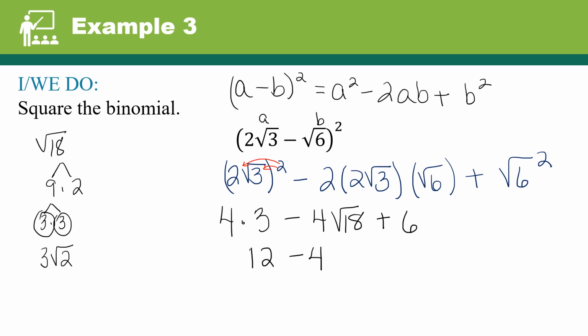Instead of the square root of 18, I am going to put 3 times the square root of 2, and then plus 6. 12 plus 6 is 18. Minus 4 times 3 is 12 times the square root of 2.